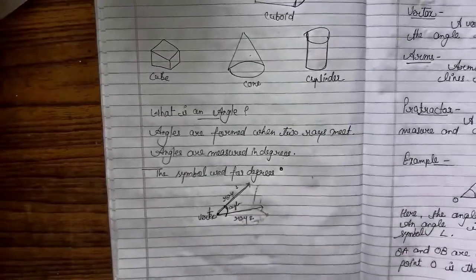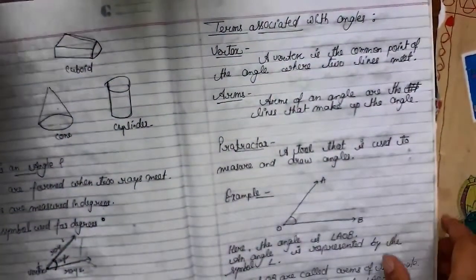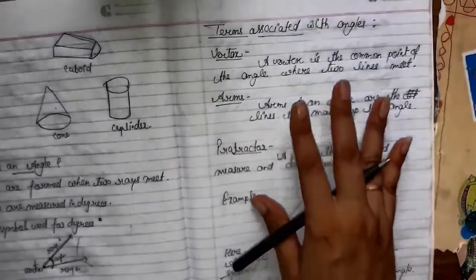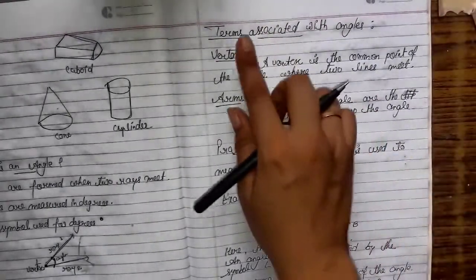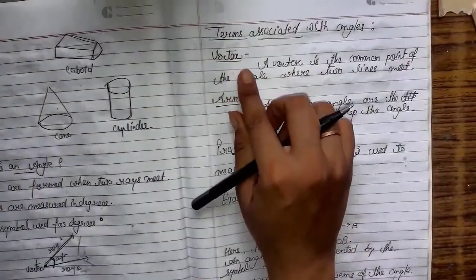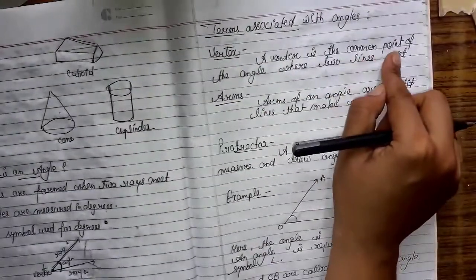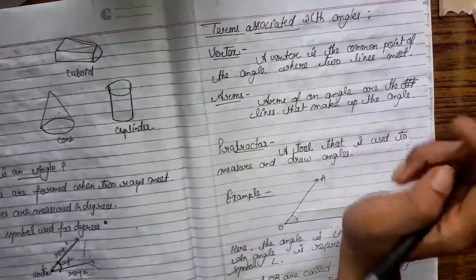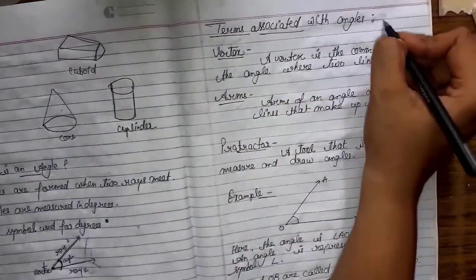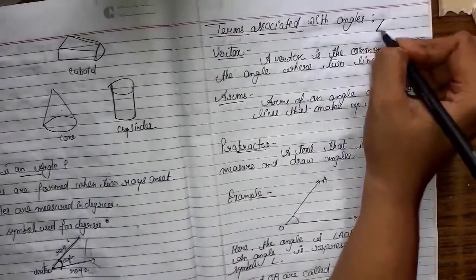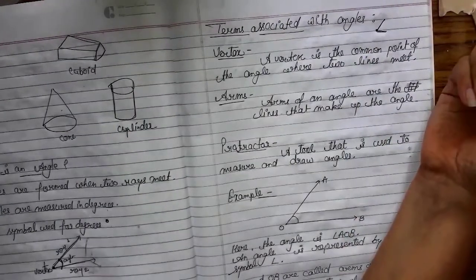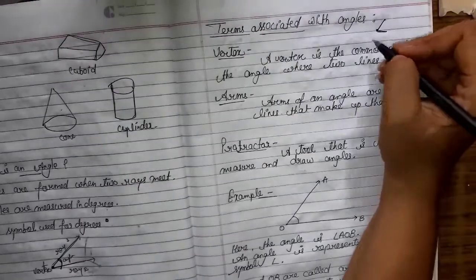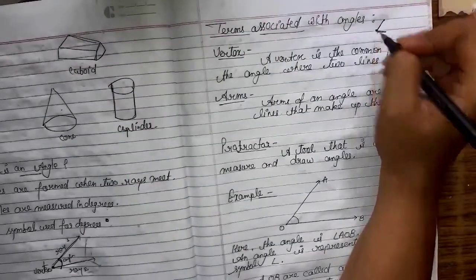Okay. Now terms associated with angles. First term is vertex. A vertex is a common point of the angle where two lines meet. For example, if these are two lines, then this is a vertex. Where two lines are meeting, that point is called a vertex.